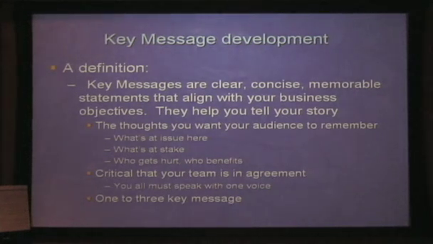Think about first, what's at issue here? What is at issue with organic gardening? What's at stake? So the issue is whether or not to adopt organic gardening techniques. What's at stake? Well, we can talk about a lot of things.